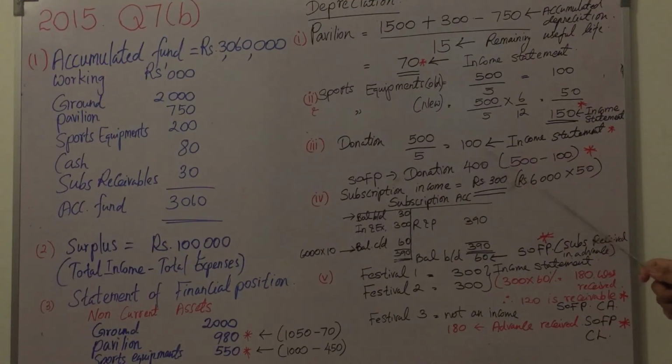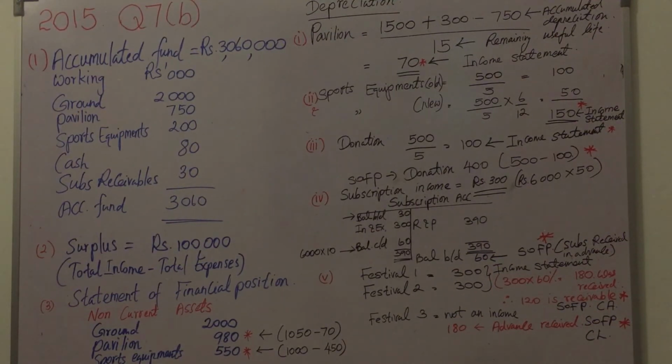So this goes to the income statement under the incomes. So in total you receive 500 and you remove 100,000 rupees from the 500,000 rupees donation account. So you are left with 400,000 rupees in the donation account that goes to the SOFP, to be included after the accumulated fund.